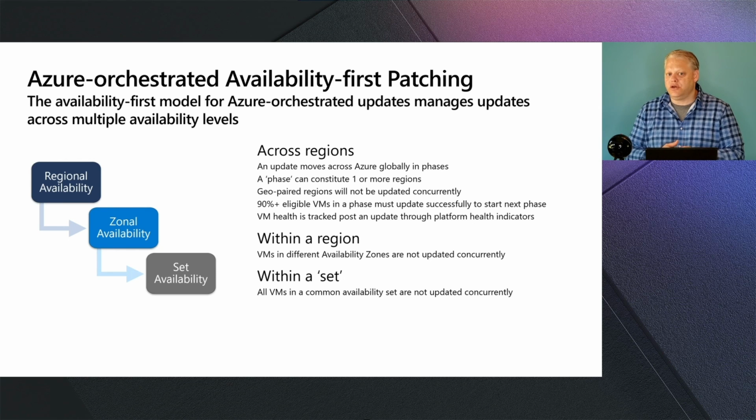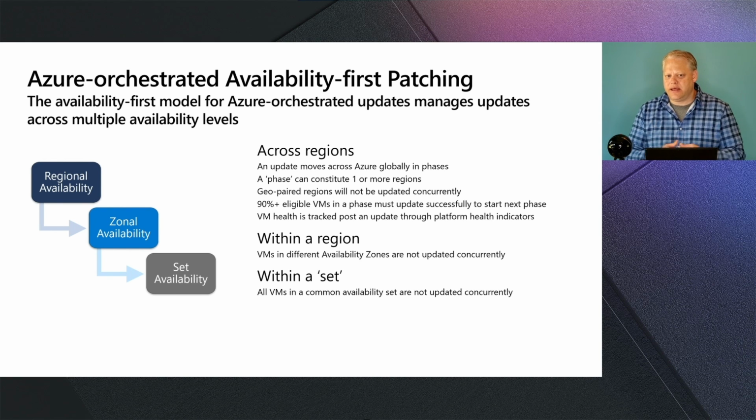Specifically for regions that use our paired region capability, it's only going to update at most one region of that paired region at a time. And then within the region, especially those regions that have availability zones, only one of the 3 availability zones will start that update. The process will go through, in the case of availability zones, updating the instances, monitoring the health of that patch, making sure that the patch applies successfully to the bulk of the virtual machines.